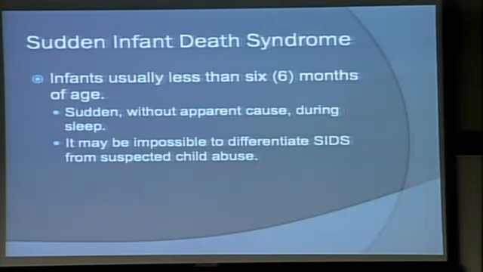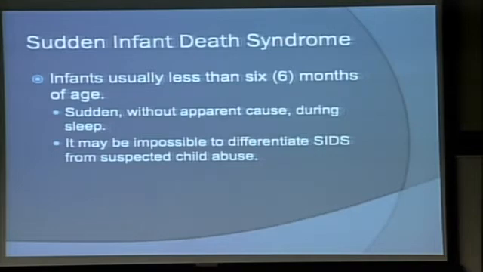And then there are the kids in between, from about 12 down to 1, that if they have a cardiac arrest, it's usually respiratory. That takes out congenital heart disease, which is good. Most kids will have a respiratory-induced cardiac arrest. Sudden infant death, we don't know for sure what happens to them, but it's sudden, without apparent cause, during sleep.